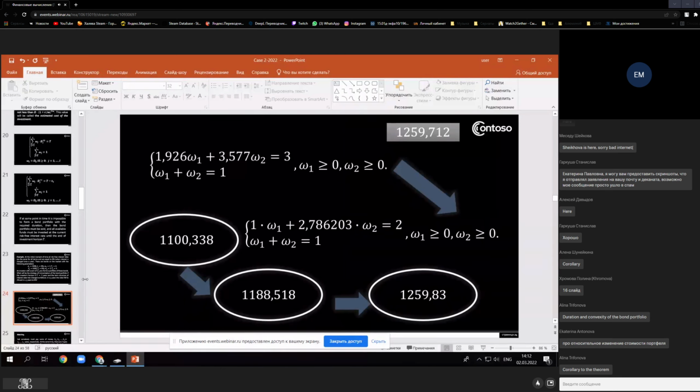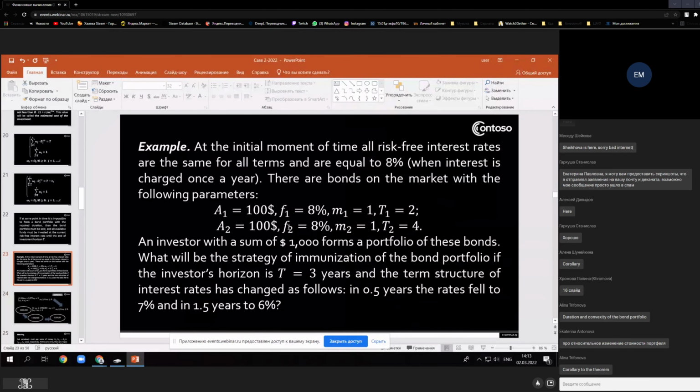Next time moment will be in 2 years, but in 2 years it will not be possible to make the new rebalancing, because in 2 years it will be the date of the maturity of the first bond, so it will not be possible to make the reinvestment.